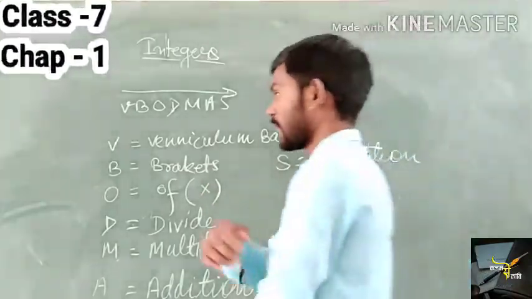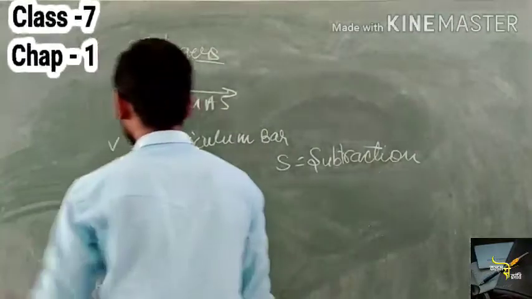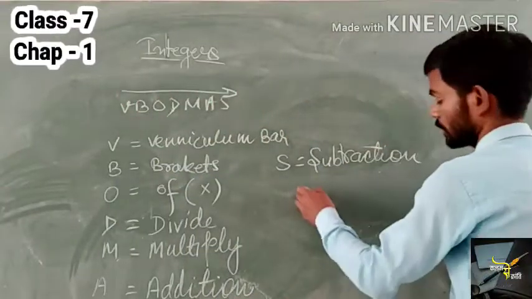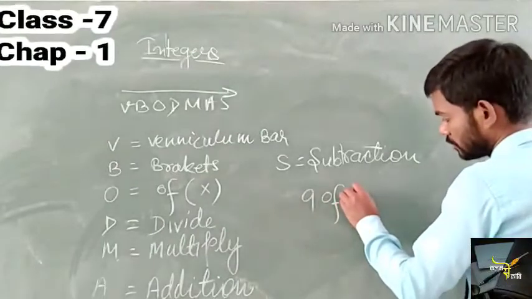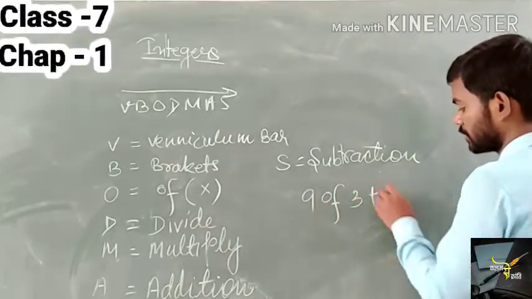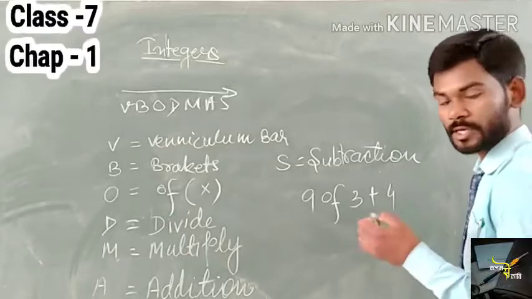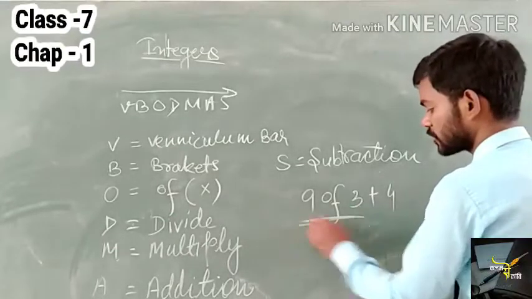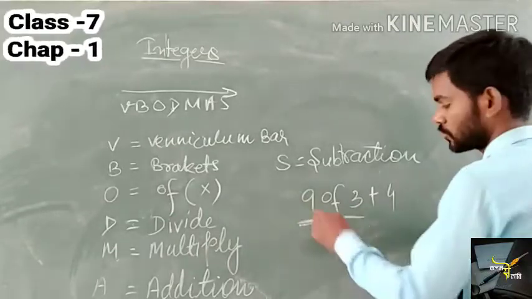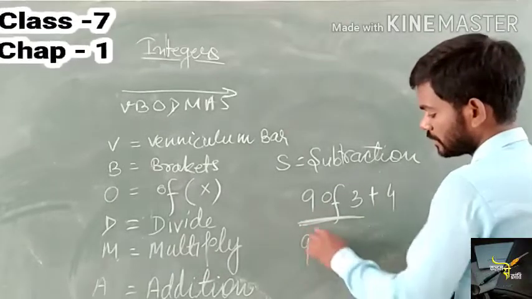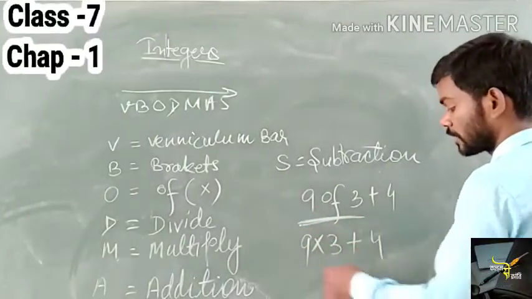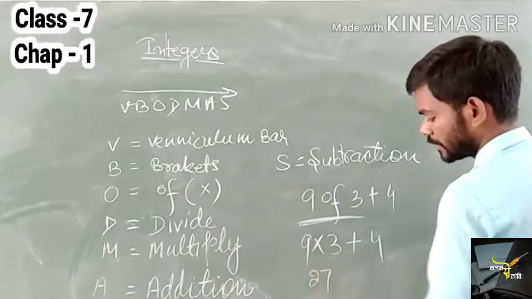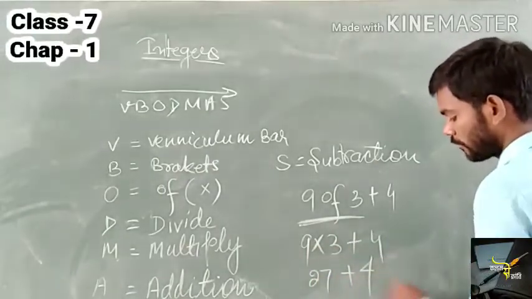Suppose the question is written as 9 of 3 plus 4. First of all, we shall solve these two numbers. So here we write 9 multiplied by 3 plus 4, and 9 threes are 27 plus 4.